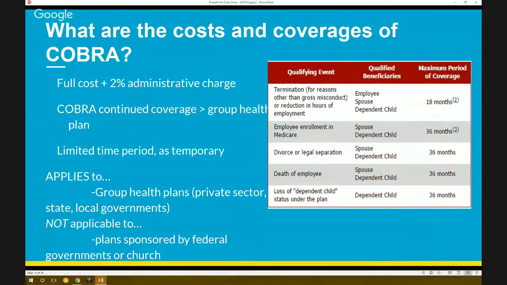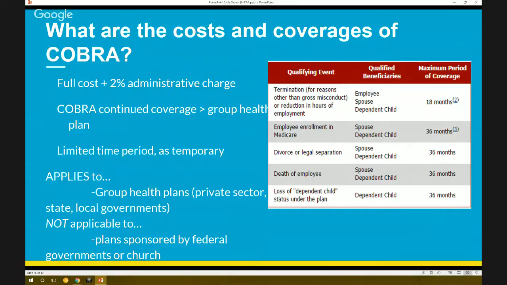Okay, so this part of COBRA talks about the costs and coverages of COBRA. COBRA is temporary, and the people covered have to pay the full cost plus 2% administrative charge. And so usually it's more expensive to pay for COBRA versus just the group health plan.